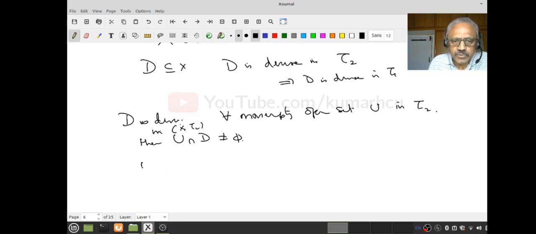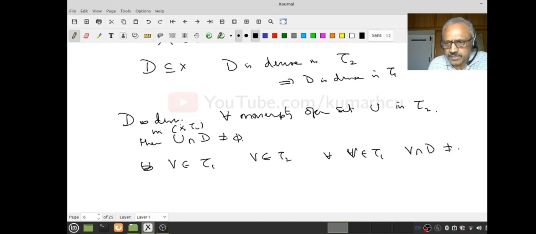Now suppose V is in tau 1, then V also belongs to tau 2. Therefore for every V in tau 1, V intersection D is not empty. You understand? Therefore if D is dense in tau 2, D is dense in tau 1. We have proved it.